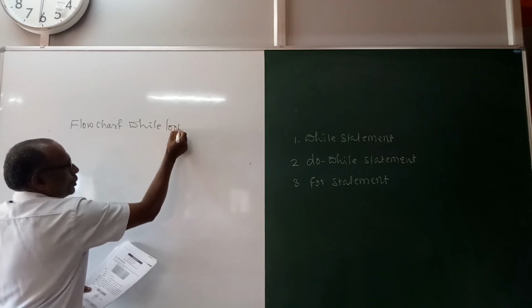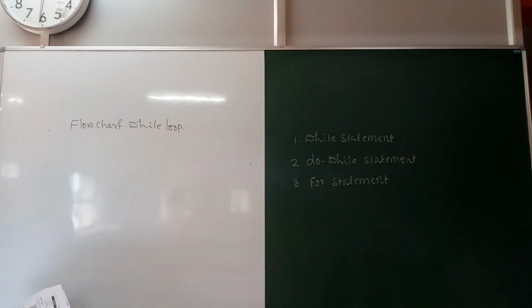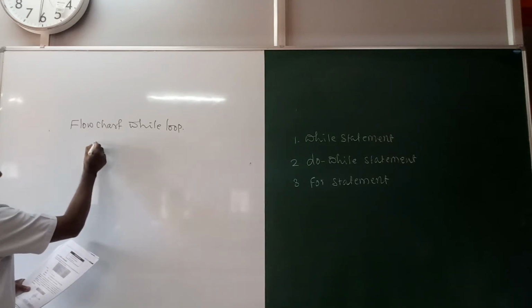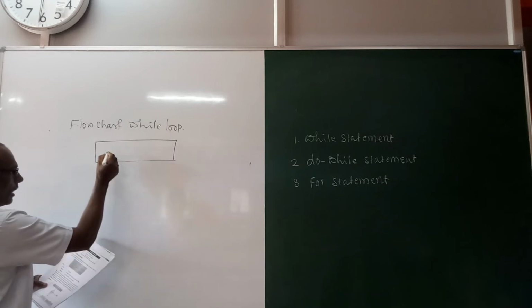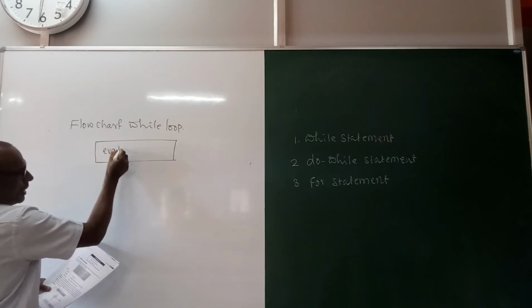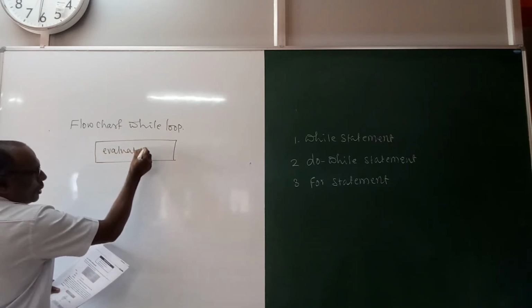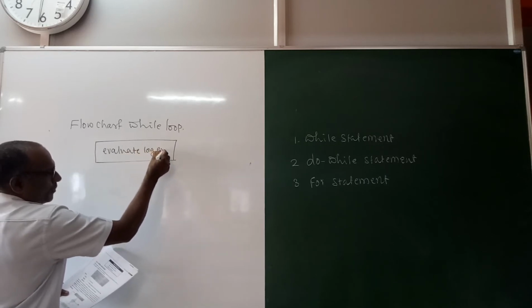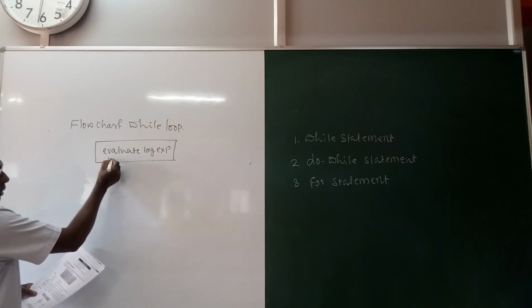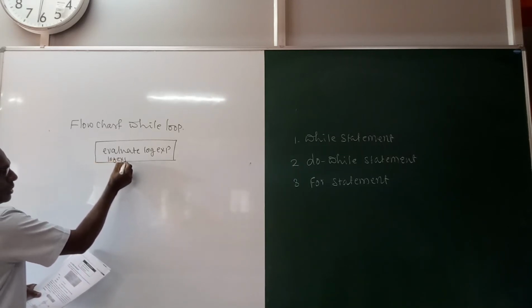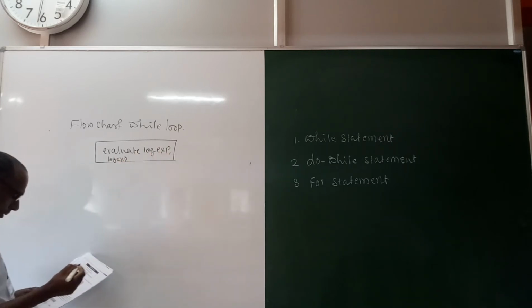Let us write while loop because we are discussing loop control structures. So this is the logical expression. Here, evaluate the logical expression, log exp, you can say expression this way.